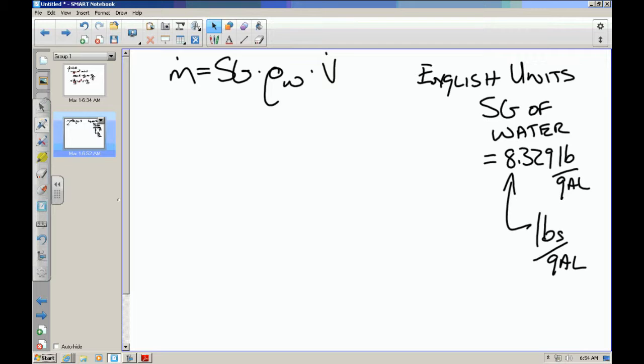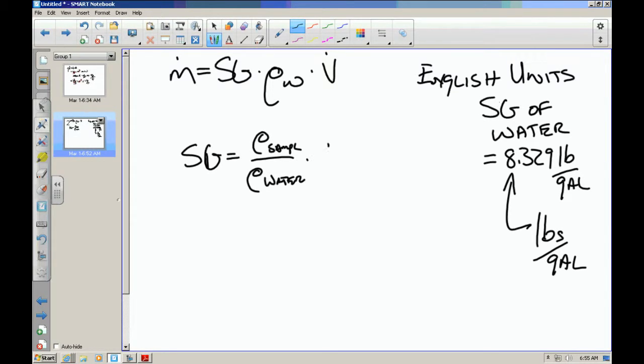All right, so specific gravity was given to us, and it being density divided by density, it has no units. Specific gravity is equal to the ratio of sample density divided by water density.